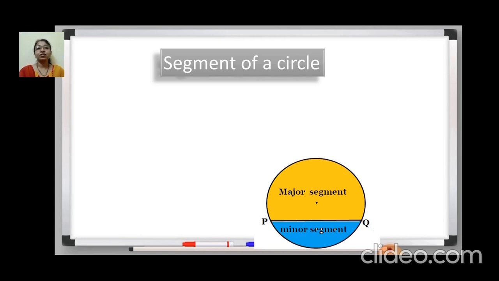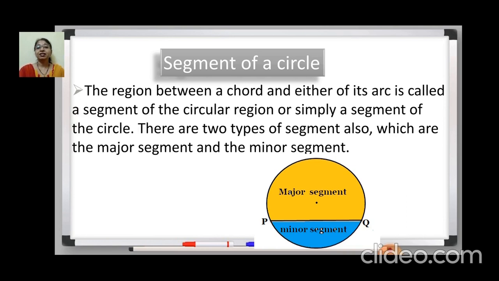The part of a circle which contains the center is known as major segment, and the other part is called minor segment. So it is the region between a chord and either of its arc is called a segment of the circular region, or simply you can say segment of a circle. And there are 2 types of segments, which are major segments and minor segments.